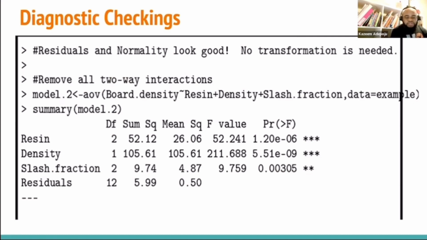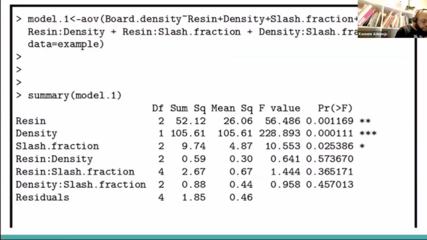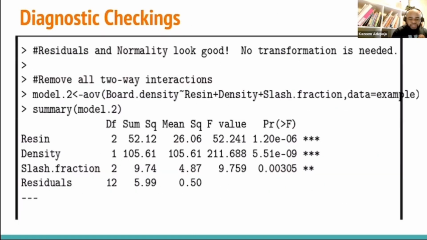But the only thing we can do is remove the interactions that are not significant. If you go back into the model, I'm going to remove all the insignificant terms. When I remove those insignificant terms, I'm going to rerun the model again, and that's exactly what I'm doing here.